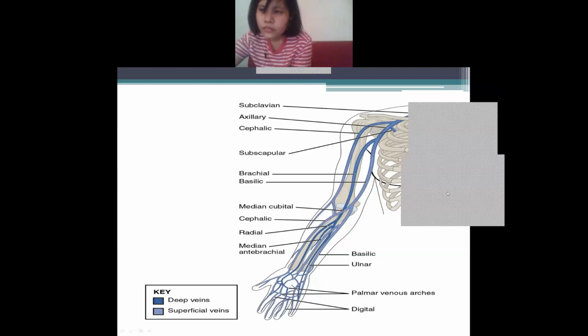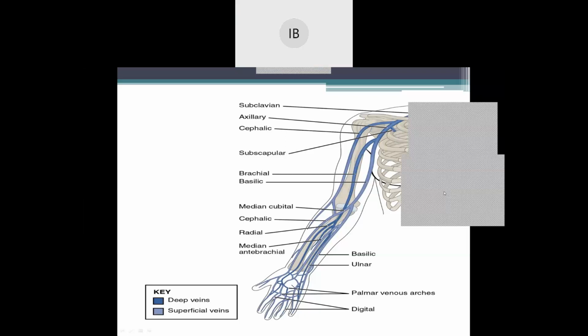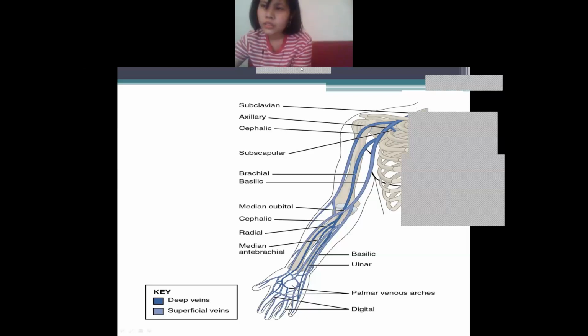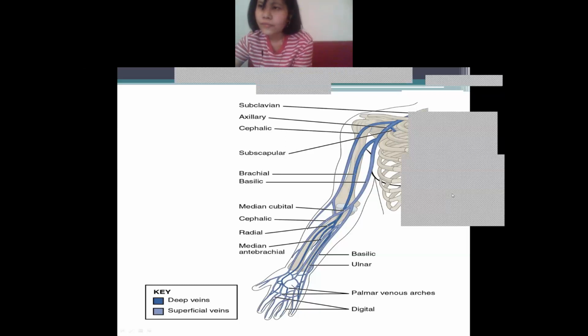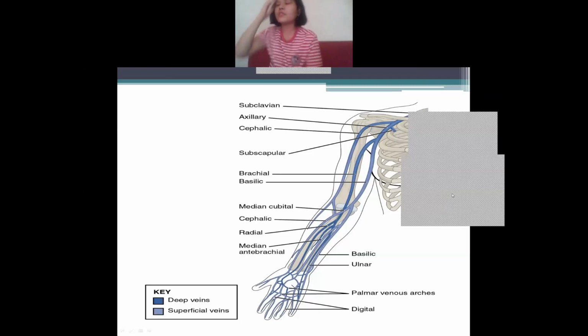Ilashra is also not there. Okay, Sheetal, can you hear me? Yes, ma'am. Okay, Sheetal, tell me the difference between deep veins and superficial veins.